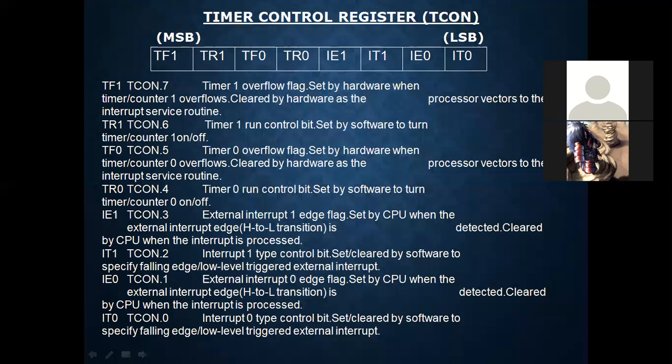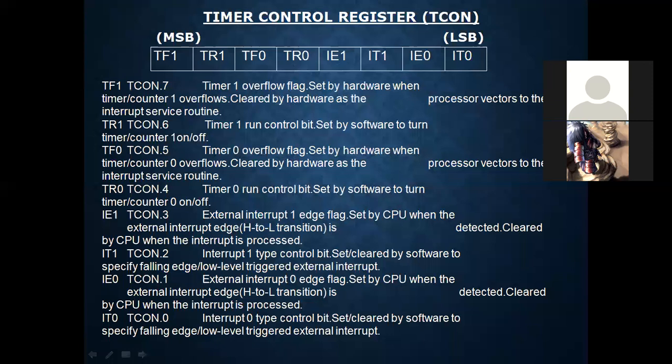In these modes, the first one is the 13-bit timer mode, then the 16-bit timer mode, the 8-bit auto reload mode, and the split timer mode. So these four.